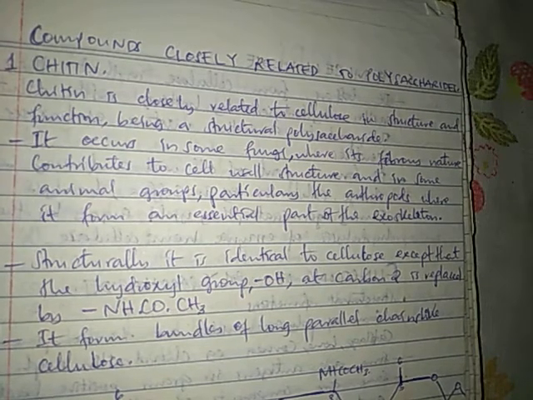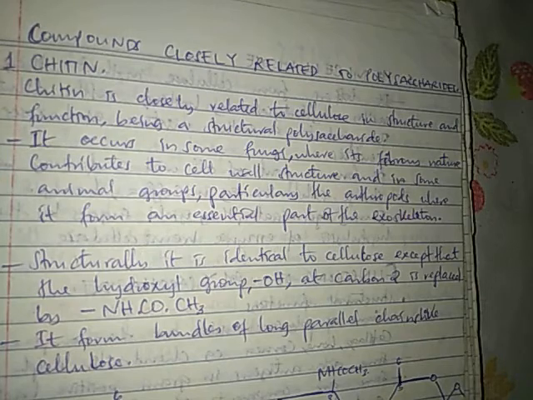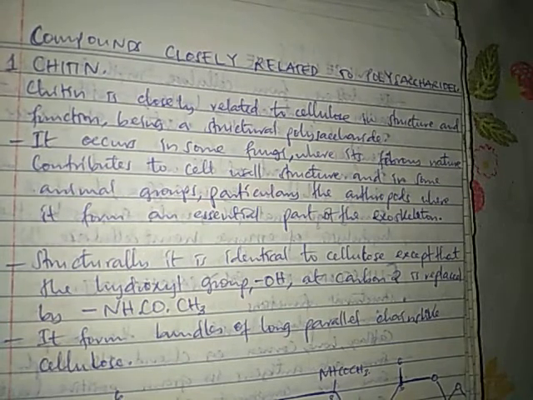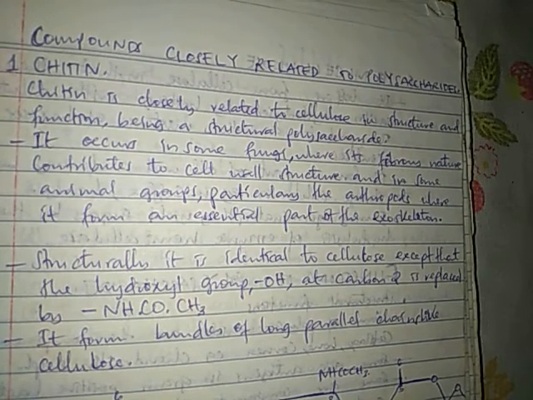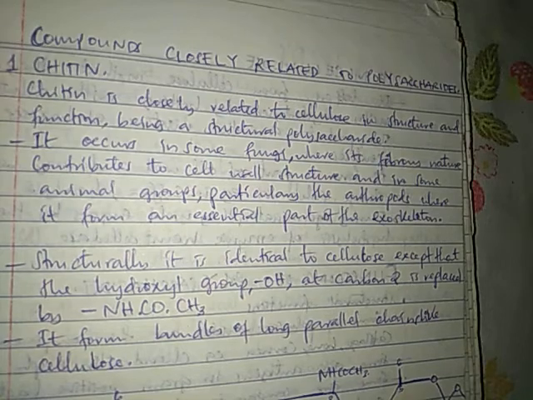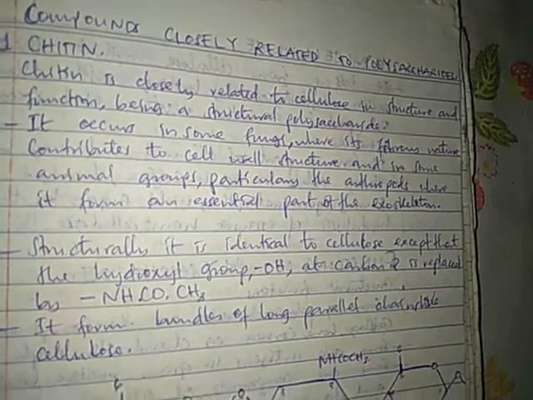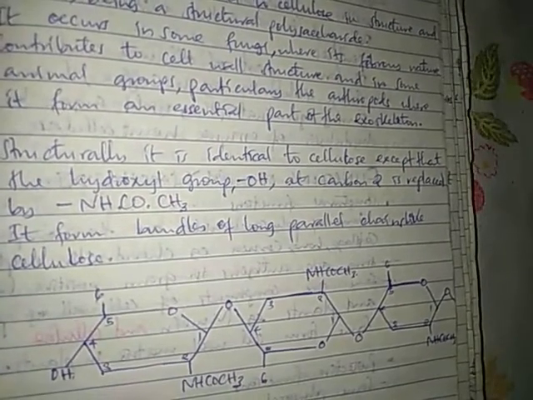Chitin is closely related to cellulose in structure and function, being a structural polysaccharide. Chitin occurs in some fungi, where it is fibrous in nature and contributes to the cell wall structure, and in some animal groups, particularly the arthropods, where it forms a special part of the exoskeleton. So structurally, it is identical to cellulose.